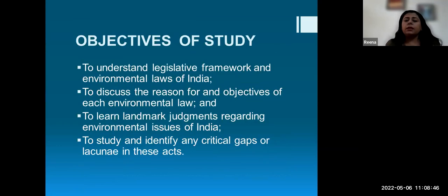Okay, so objectives of this unit are basically to understand what is the legislative framework which is applicable in India. For any kind of industrial activity or even for the domestic activities, we have some responsibilities as well as some provisions as well as some pleasures. Those pleasures can be accrued to us only if we are going to protect our environment and fulfill our responsibilities.